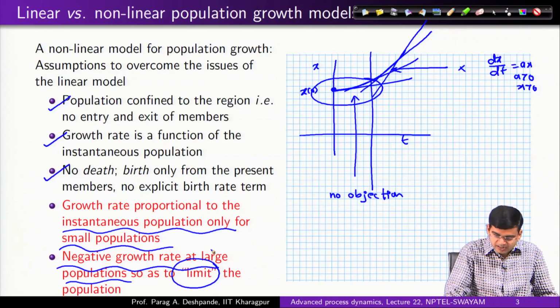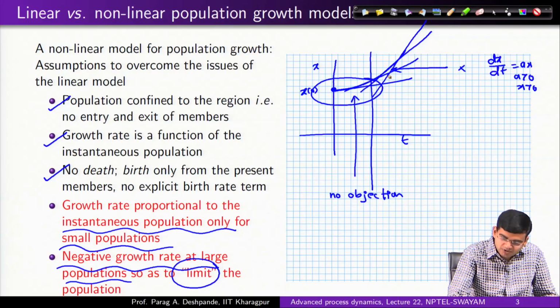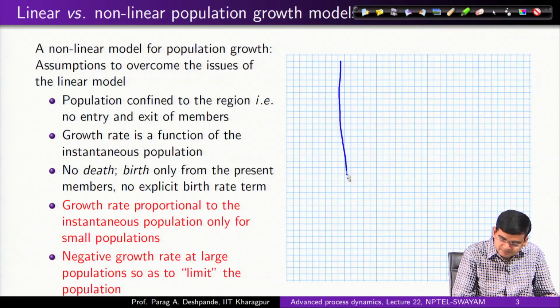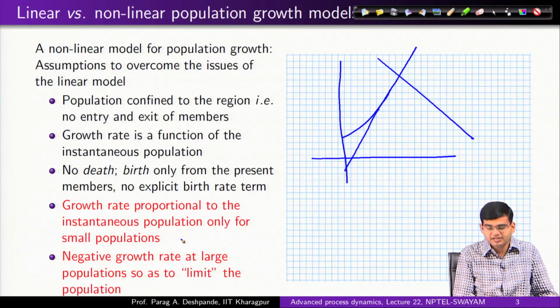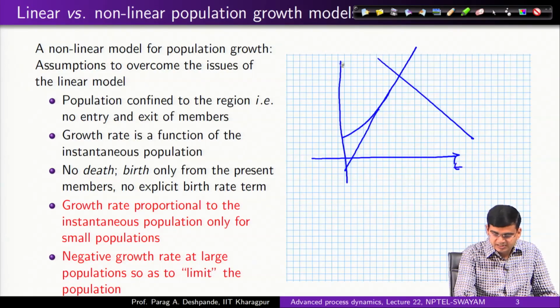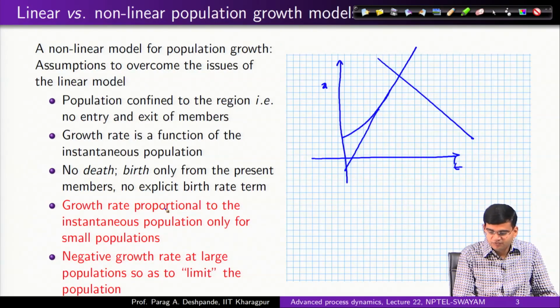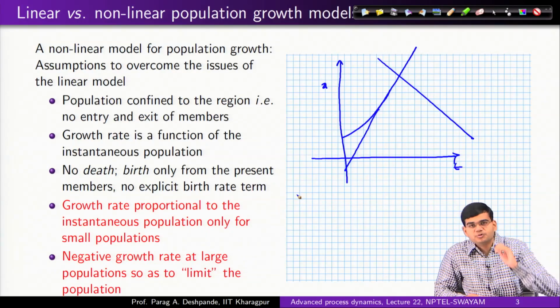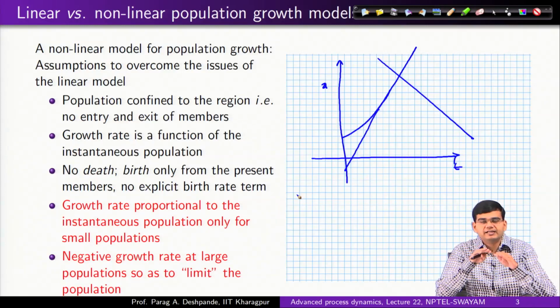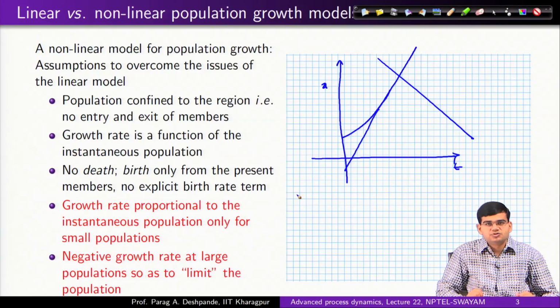Okay. So, therefore, if I somehow am able to invert this positive gradient to a negative gradient, this is t and this is x, then what I expect is that the negative gradient would reduce the population, the positive gradient part would push the population up, and there would be some balance, so that the population goes to saturation.